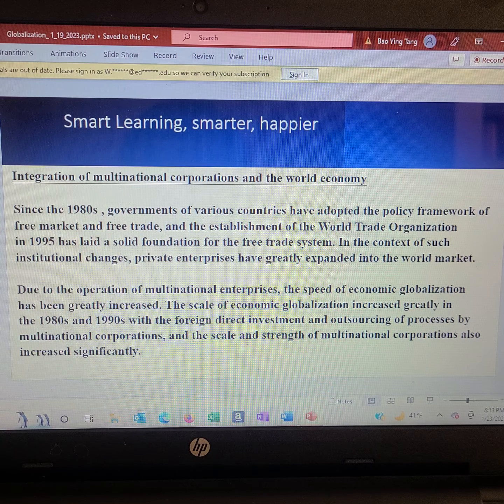The scale of economic globalization increased greatly in the 1980s and 1990s, with the foreign direct investment and outsourcing of processes by multinational corporations, and the scale and strength of multinational corporations also increased significantly.